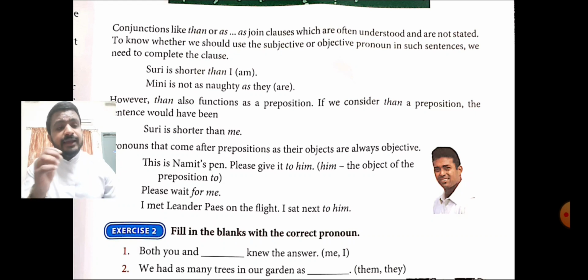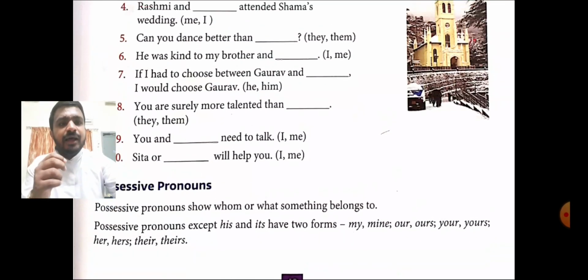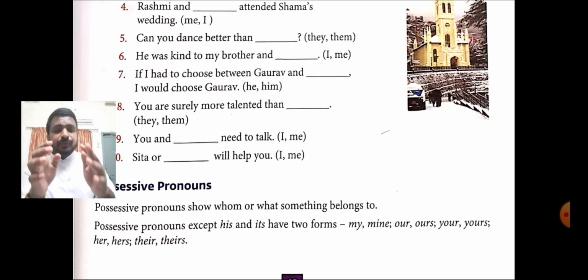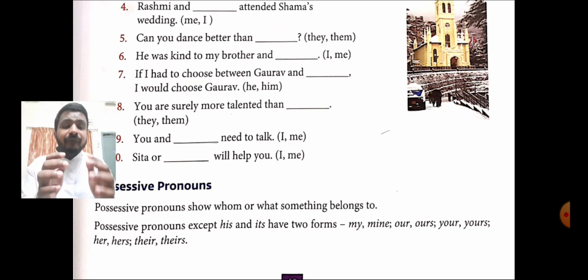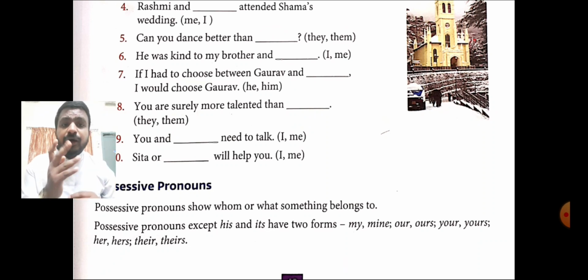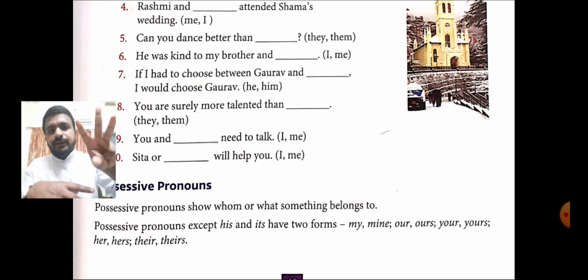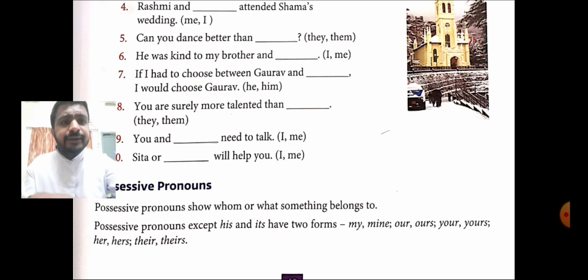Now we shall see the next kind, that is the possessive pronouns. As the name suggests, possessive pronouns show whom or what something belongs to. Except his and its, all the possessive pronouns have two forms: my, mine, our, ours, your, yours, her, hers, their, theirs.